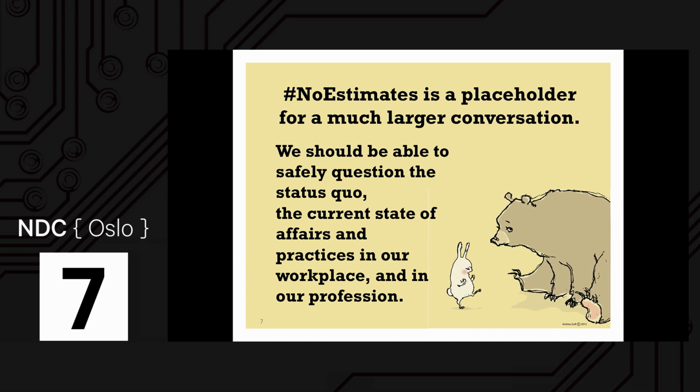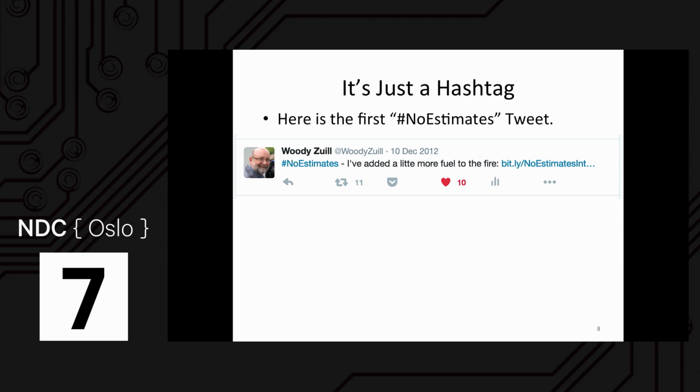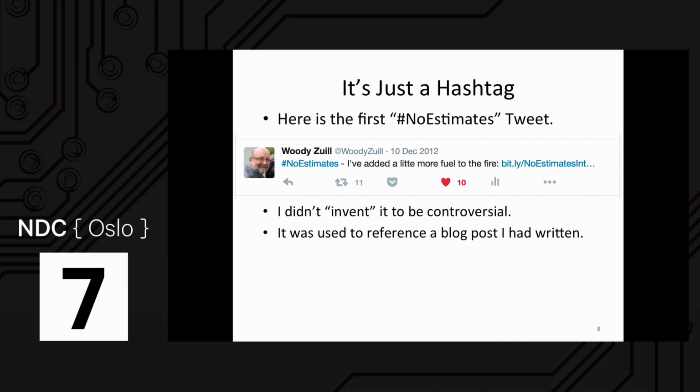So that's basically what the hashtag was for. I started using it in 2012. I didn't invent this hashtag to be controversial. I used it as a marker for this bigger discussion. And I'd written a little article for someone else who had been discussing this with me, about a project I worked on where we did not use estimates, and they wanted to know, how did that work?